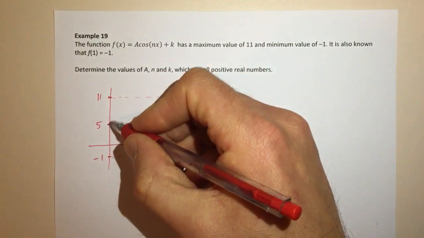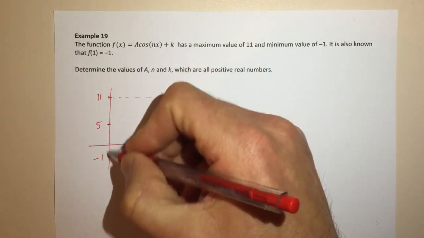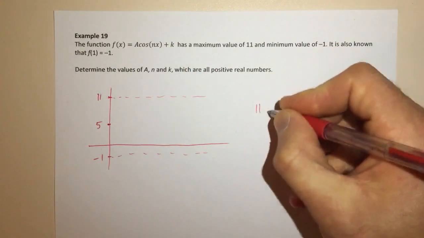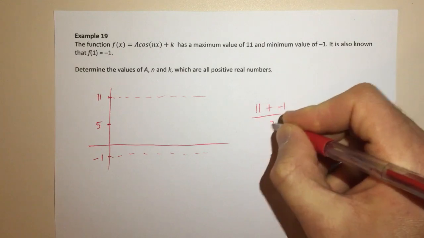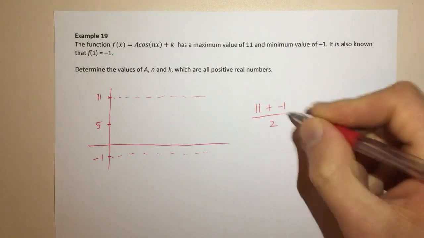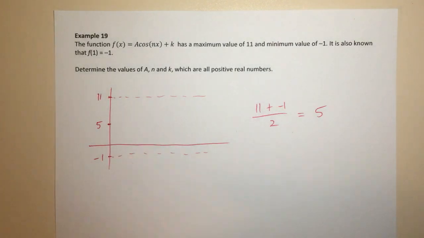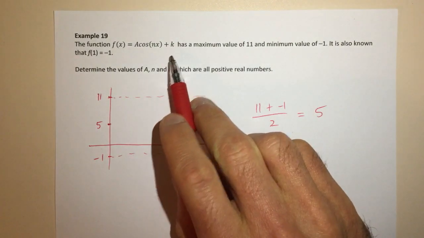Because it's 6 numbers below 11 and 6 numbers above -1, or you could actually do 11 plus -1 divided by 2, so average the two numbers out, you get 10/2, which is 5. All right, so we've got a mean position of 5, which tells us the value of k.